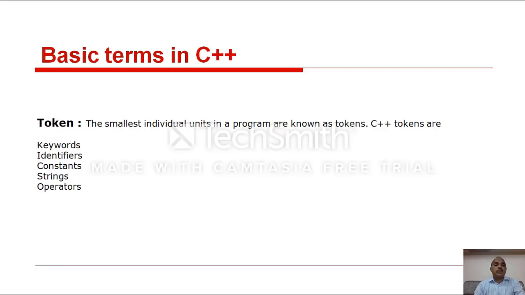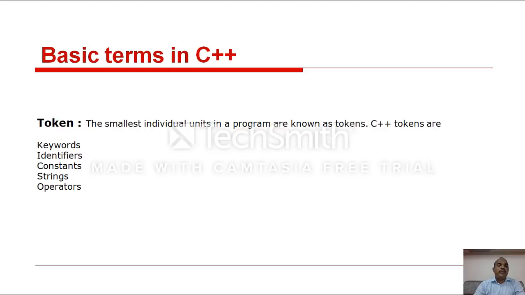C++ supports a set of tokens: keywords, identifiers, constants, strings, and operators. Simply, these are the C++ tokens.